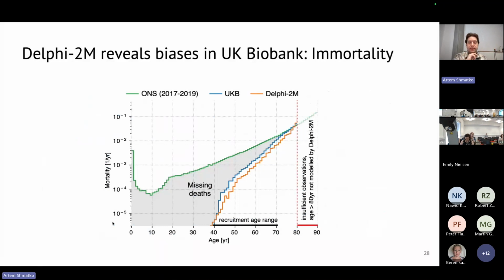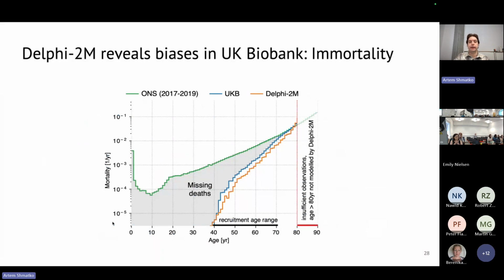One other big limitation that these models have is that since they learn from data, they will learn everything from data, including the biases that are present there. So one toy example that we particularly like is what we call the immortality bias.